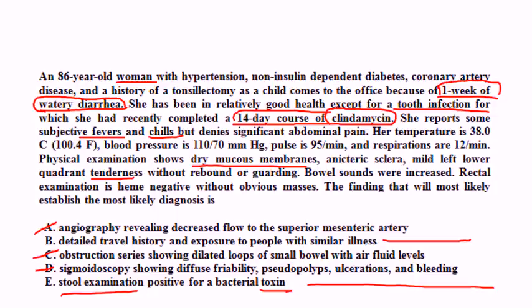I mean, even if you look at the antibiotic, clindamycin, the classic case of pseudomembranous colitis or antibiotic-associated diarrhea or Clostridium difficile induced diarrhea, whichever one you want to call it. It's that. And the way to diagnose it is E. You do a simple stool test for the bacterial toxin that is produced by the Clostridium difficile bacteria.